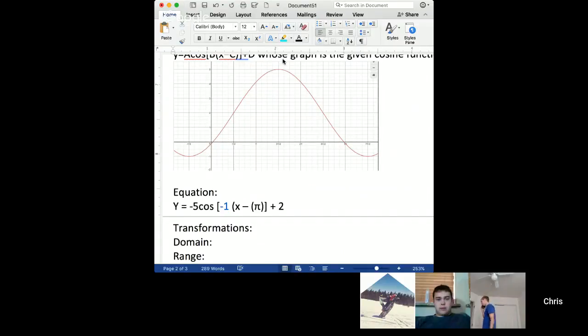Let me just check it with a graphing calculator to make sure this works. Because I know that the 5 would stretch it up to 5, which would get us that, and that would probably pull that bar over from not touching the origin.